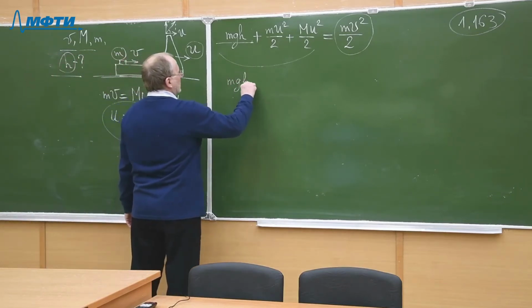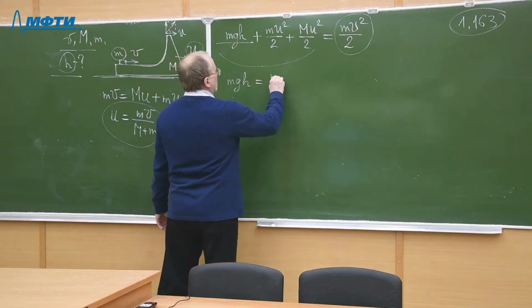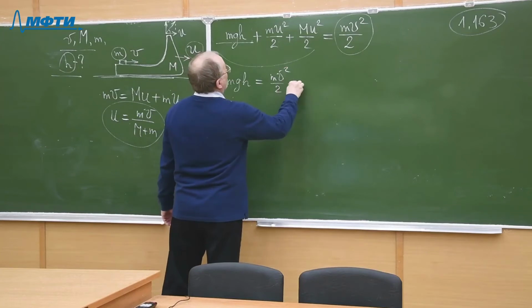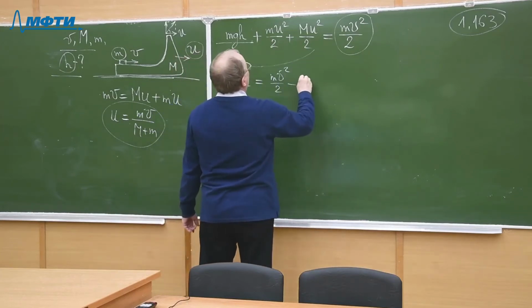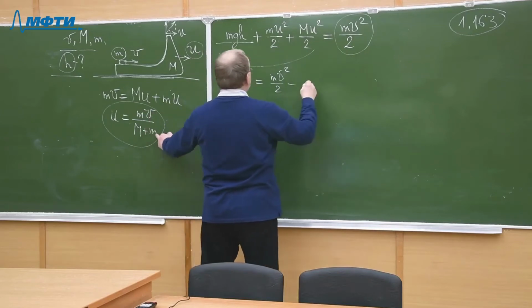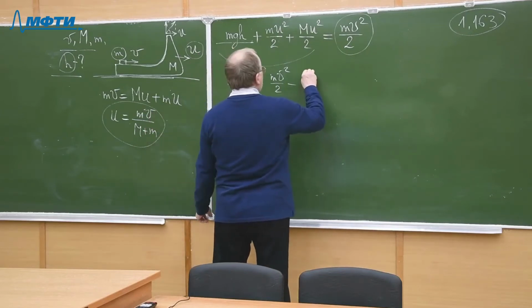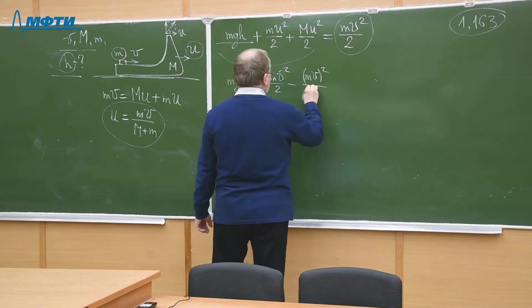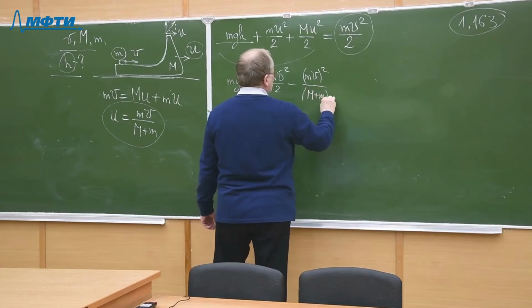Let's do it this way. It will be mv squared over 2 minus all these things. What is u squared? u squared can be immediately written as m squared v squared divided by capital M plus small m, all squared.